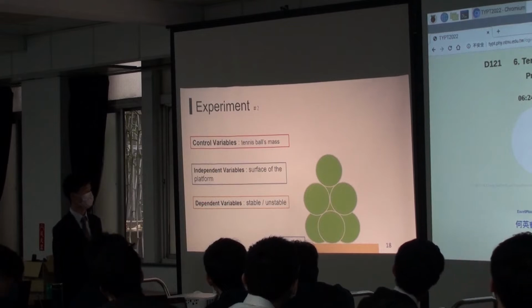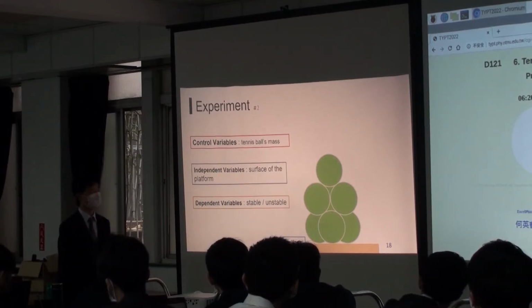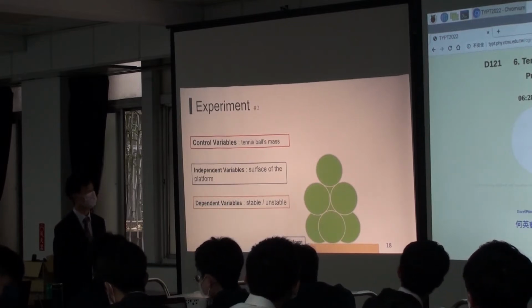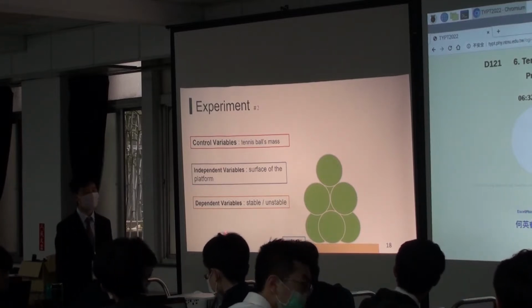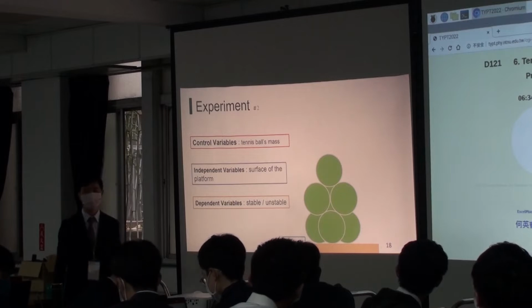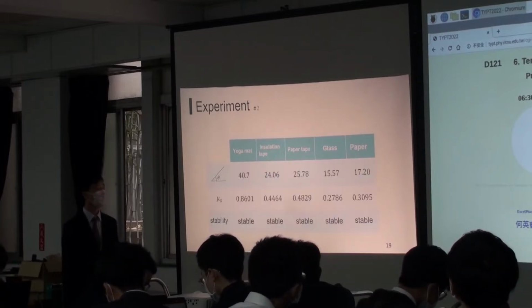And for the second experiment, about the mass of the top tennis ball, these are control variables, and we still want to investigate the stable and unstable situation of the tower.